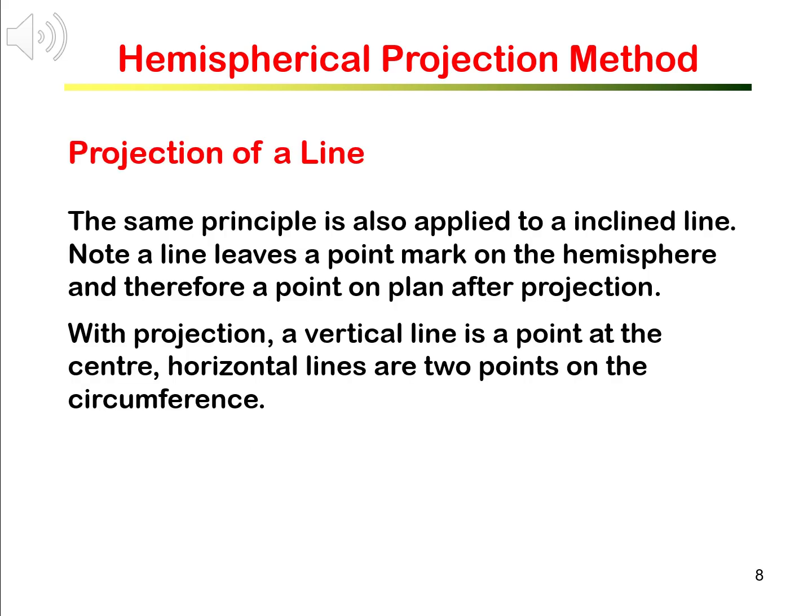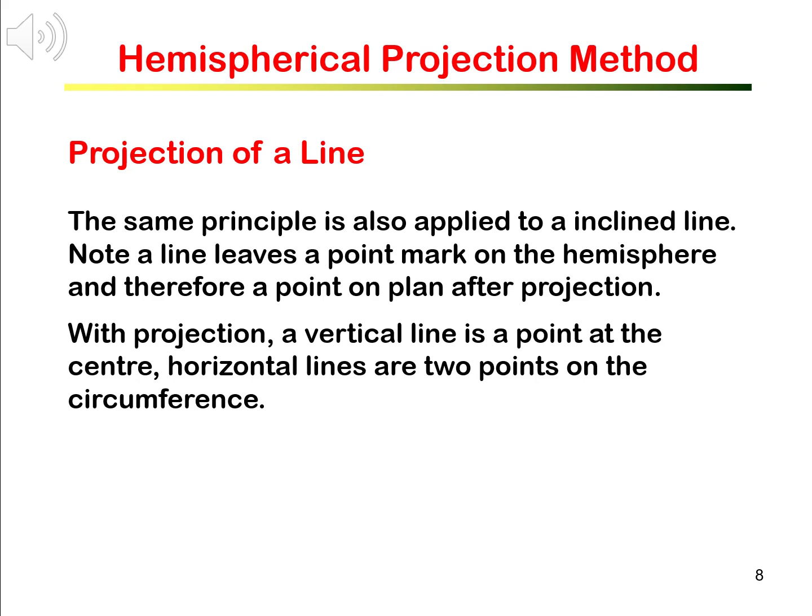To summarize the projection of a line using the hemispherical projection method, the same principle is also applied. You need to remember that a line leaves a point mark on the hemisphere. With projection, it will be a point on the horizontal plane.